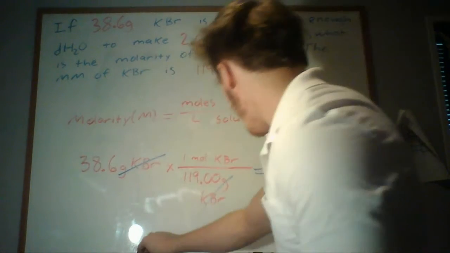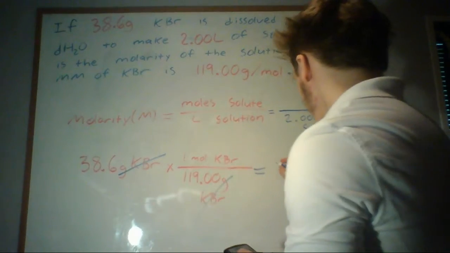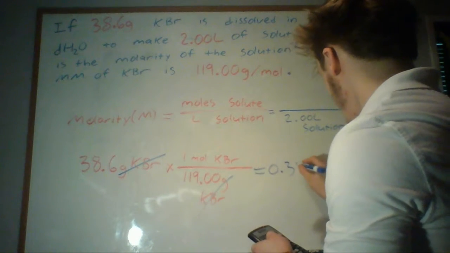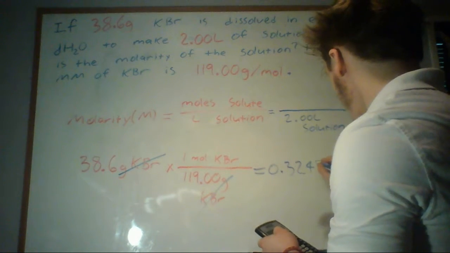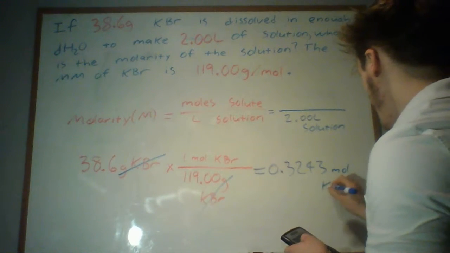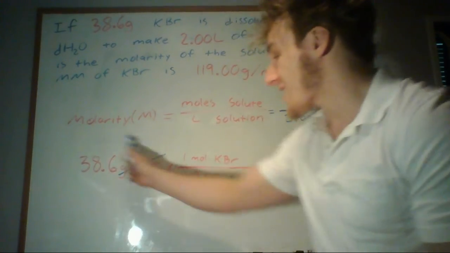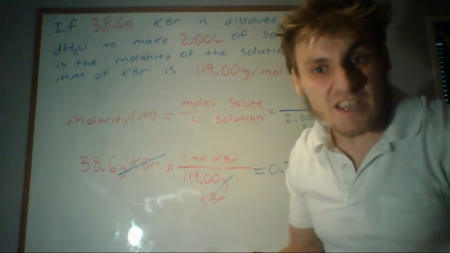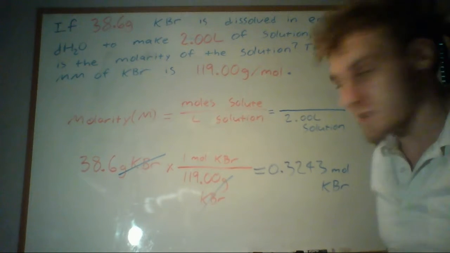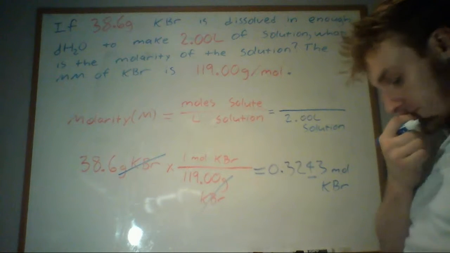Alright, and that gives us a value of 0.3243 moles of potassium bromide. Now, because this number has 3 sig figs, it's our least certain factor, right? Our answer should only be certain to 3 sig figs. So we're going to underline our third significant figure here.